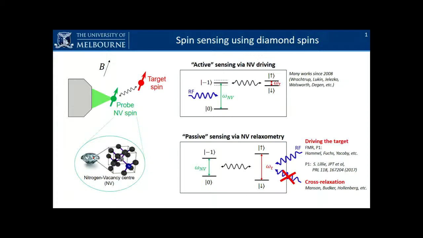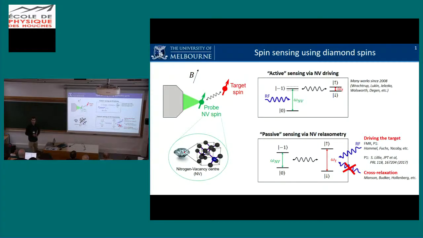So when you want to detect spins using the NV center in diamond, you have broadly two kinds of approaches. The mainstream is what I call here active sensing, where you drive the NV spin transitions, say between the 0 and -1 spin states, in order to engineer the Hamiltonian and make it sensitive to specific transitions in your target spin system.